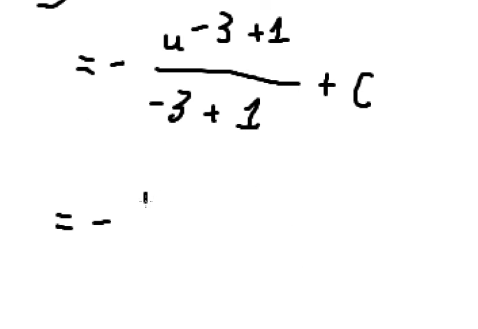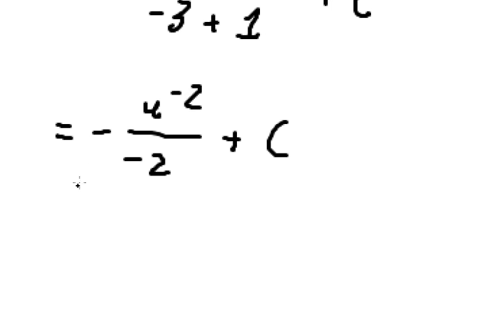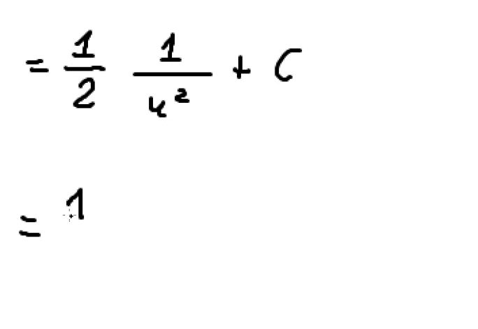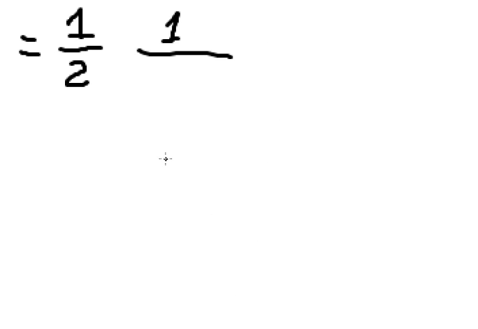So this one we have u to the power of negative number 2 over negative number 2. Negative, negative, we simplify. This one I will put 1 over u squared plus c. About u, that is about cotang x.